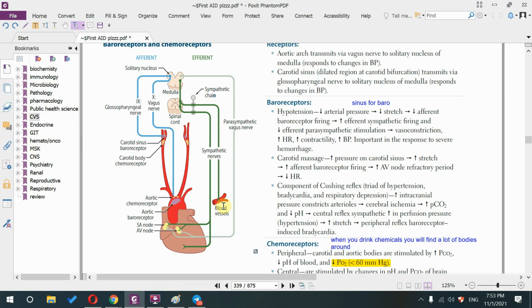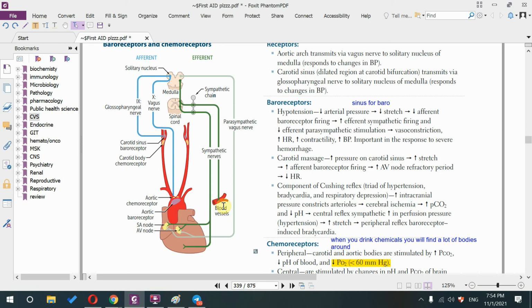A lot of students will say, no, wait, it's wrong, M3 is not located in the vessels. Well, actually guys, it's located there. The M2 is on the heart, but I'm talking about the vessels. So the M3 is located in the vessels, but it's not active. It's not supplied by the parasympathetic nervous system to lead to anything.